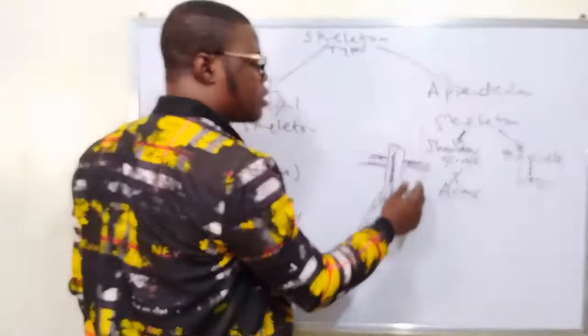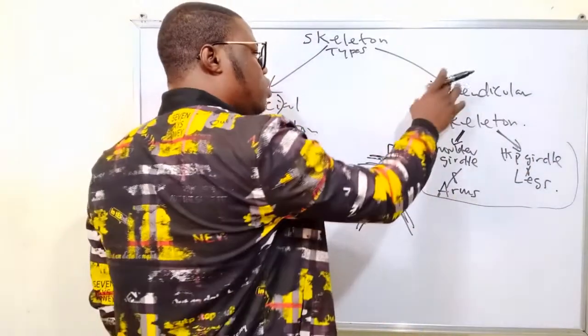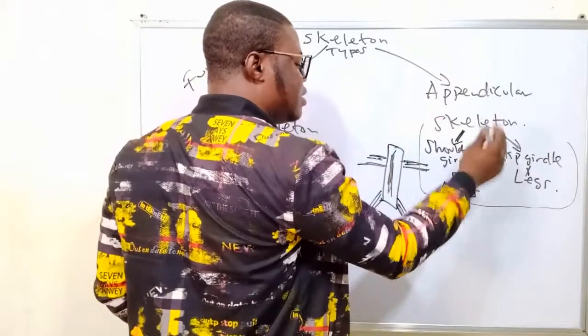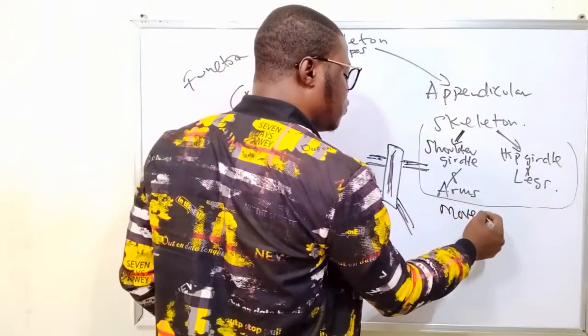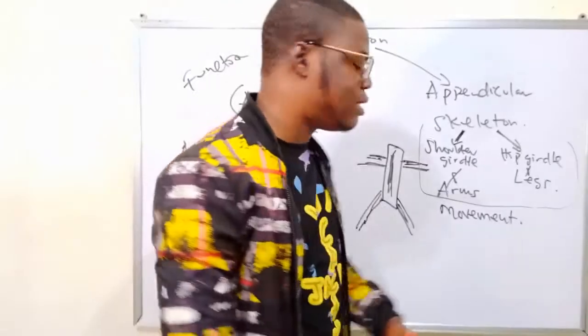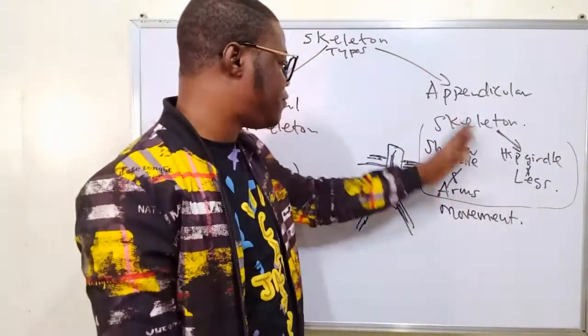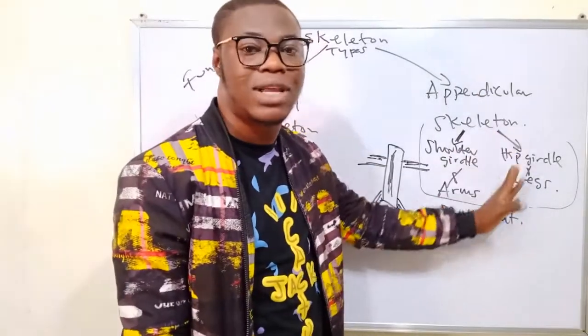These are the appendicular skeleton. The function of the appendicular skeleton is to enhance movement. The hands and the legs enhance movement. That is the major function of the appendicular skeleton.